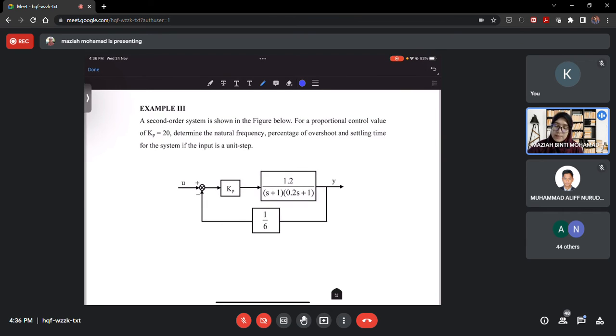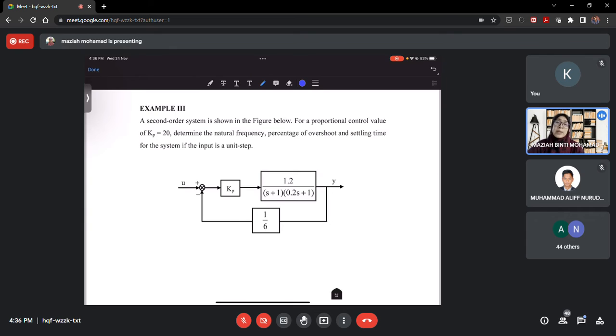In example 3 here, a block diagram is given, meaning we don't have the transfer function. So you need to determine the transfer function from the given block diagram.